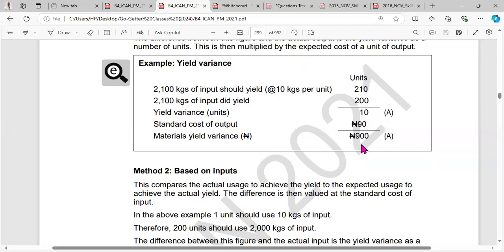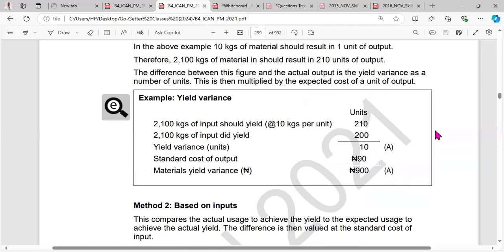Now in method one, let's look at it again. In method one, you look at how many kilos standard that we need for 1 unit. And if that is the standard for 1 unit, how many did we actually do? It means how many kilos did we actually use? 2,100 kilos.